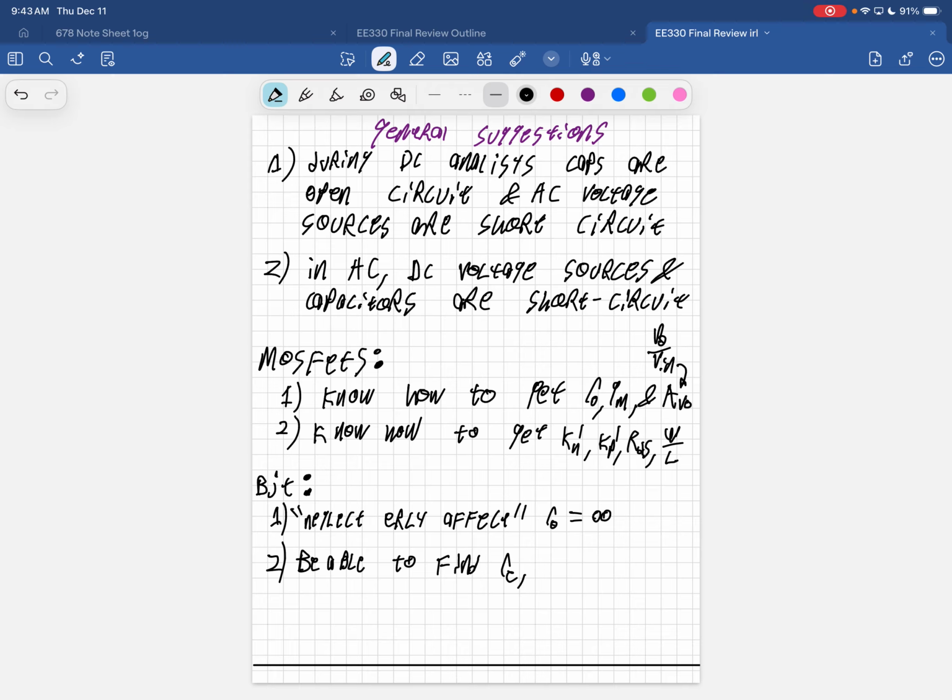GM is 1 over VOV over 2 for MOSFET, and then for the BJT, I have it as IC over VT, VT being the thermal voltage. So you can substitute IC for the other ones based off of those equations, trading the currents.